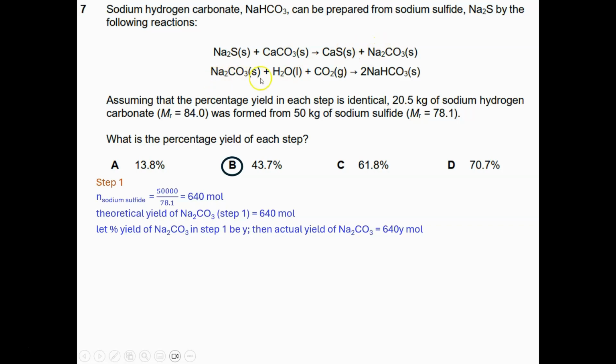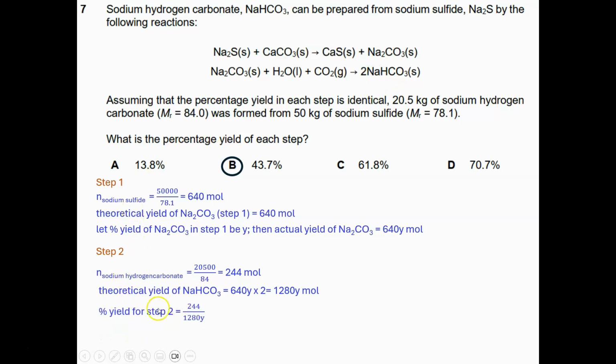So now we are starting with 640Y moles of sodium carbonate in step 2. The amount of sodium hydrogen carbonate that we obtained is 244 moles. And the theoretical yield of sodium hydrogen carbonate from 640Y moles of sodium carbonate is times 2, so 1280Y moles.